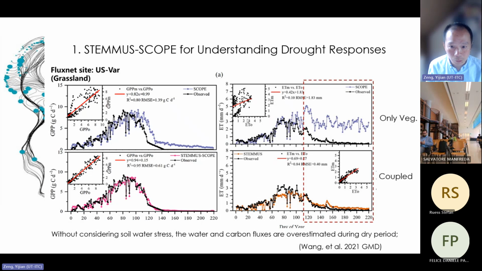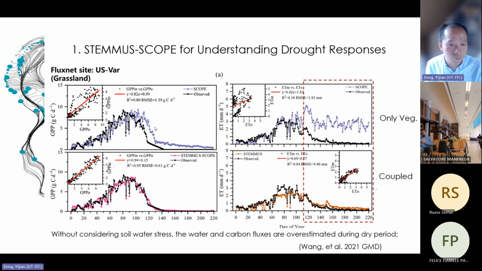The top row is using the vegetation model only, without considering the soil model. If you recall the previous slide, I was introducing this soil plant system and the soil plant digital twin using the soil model and the vegetation model. Now I just use the vegetation model to simulate this grassland ecosystem in terms of GPP and evapotranspiration.